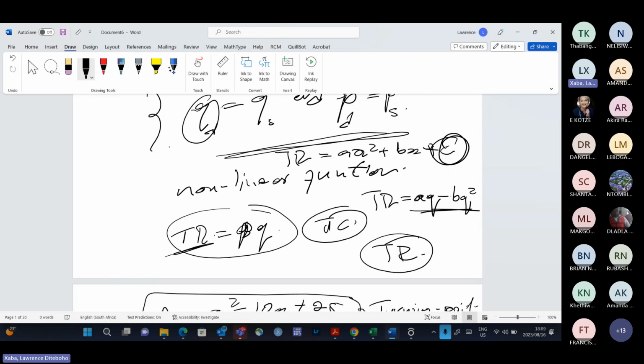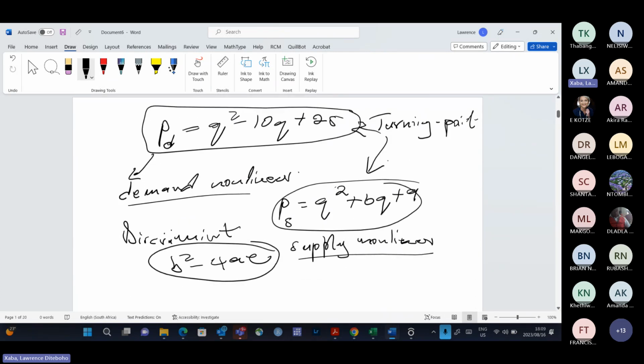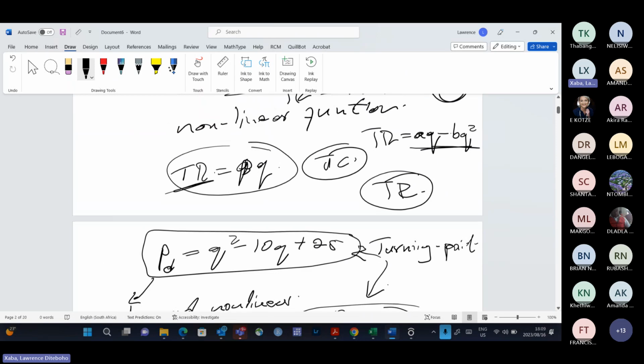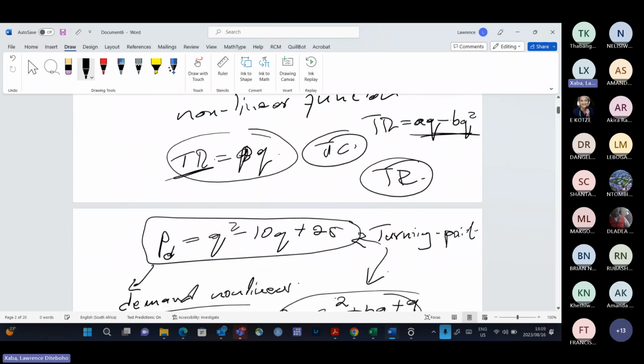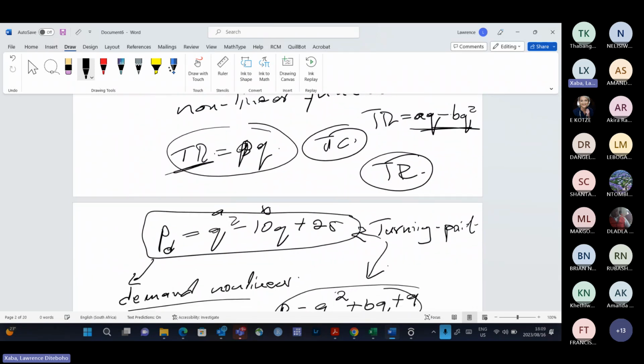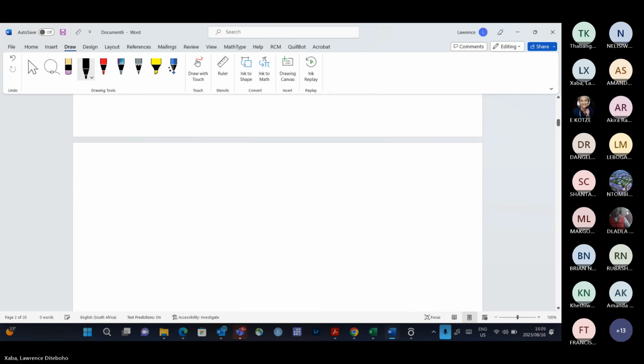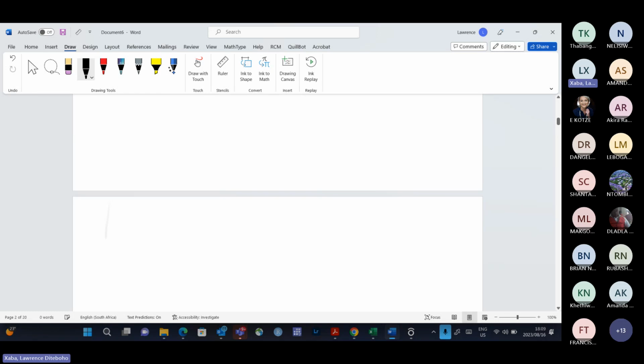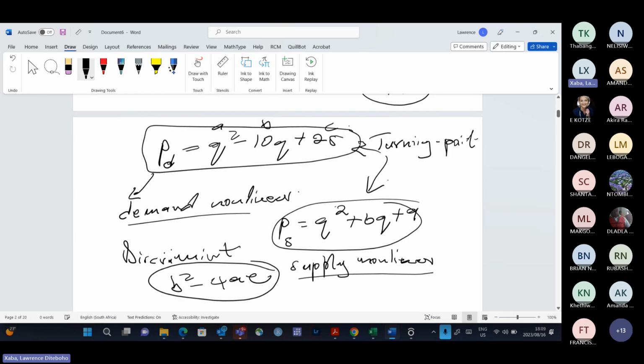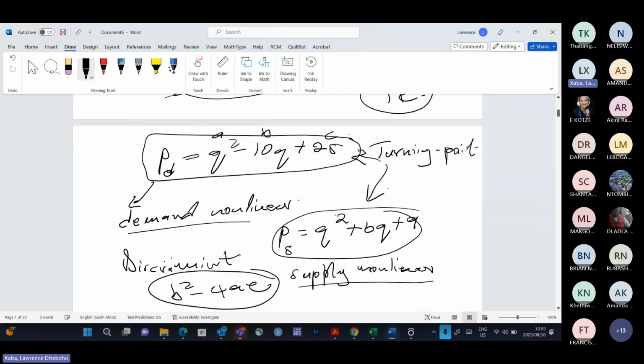So going forward, looking at the 2 given equations, we can see this time we are given our intercept, our C. We have our A here, we have our B, we have our C. So, like I said, the first thing that you have to do from the given information is to calculate our turning point of the demand and also of the supply.